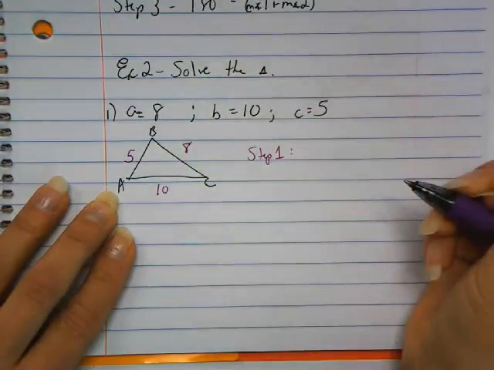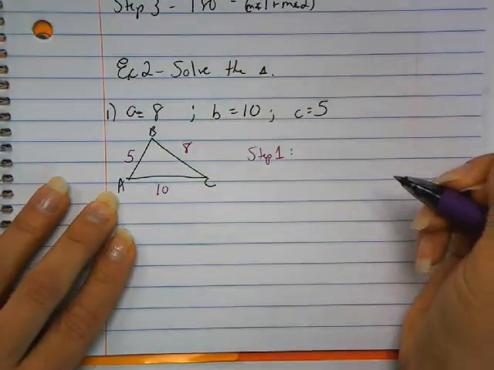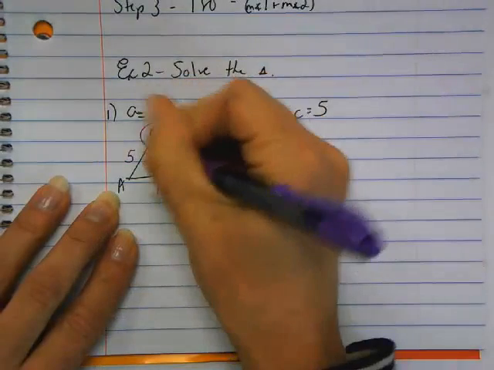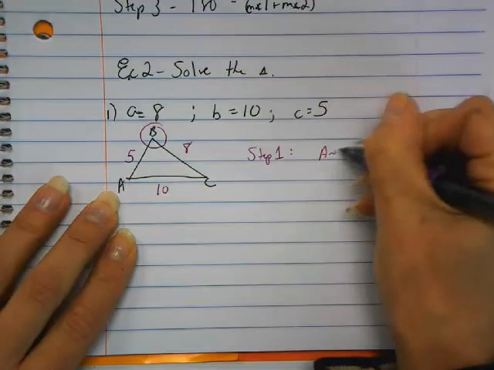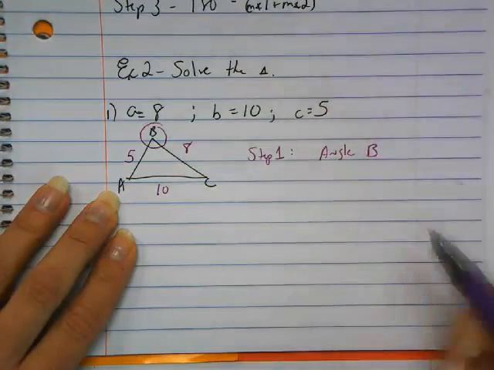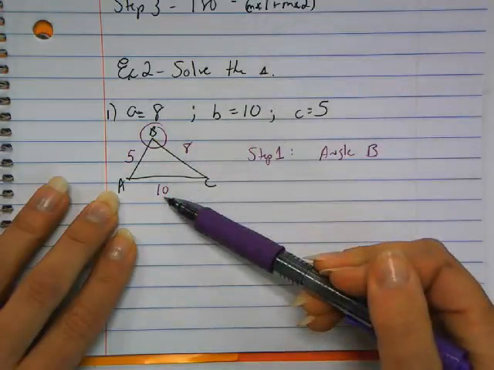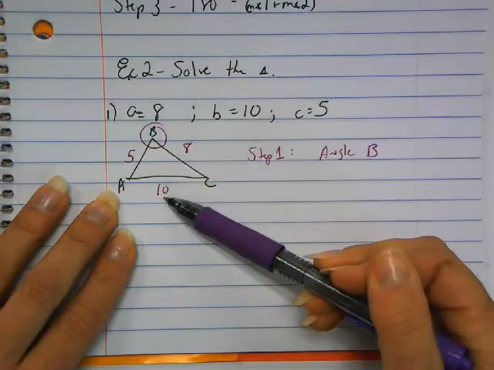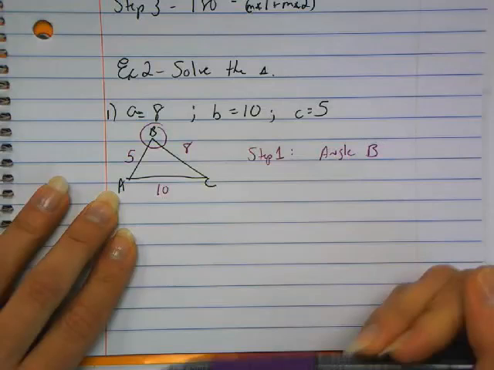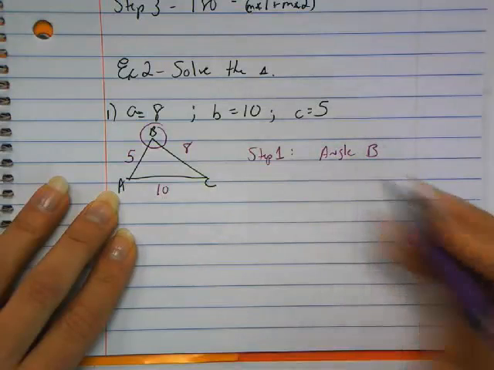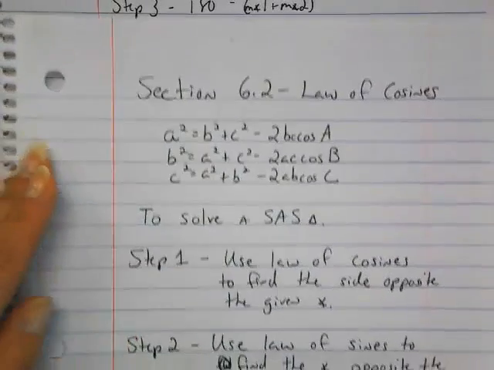So let's fill in. What's little b? If it helps you guys, you can put little a, little b, little c. Alright, so b is 10, so 10 squared equals 8 squared plus 5 squared minus 2 times 8 times 5 times the cosine of B. And I don't know what that is.